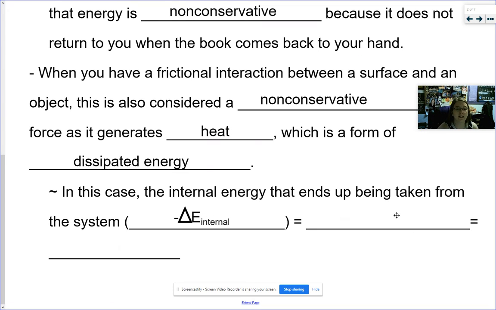Now, what this ends up equaling is the work done by any non-conservative force. And we know that work is force times distance. So in the case of friction, the energy that we lose is equal to the force of friction times the distance. Really, the work done by friction is the energy that we lose.